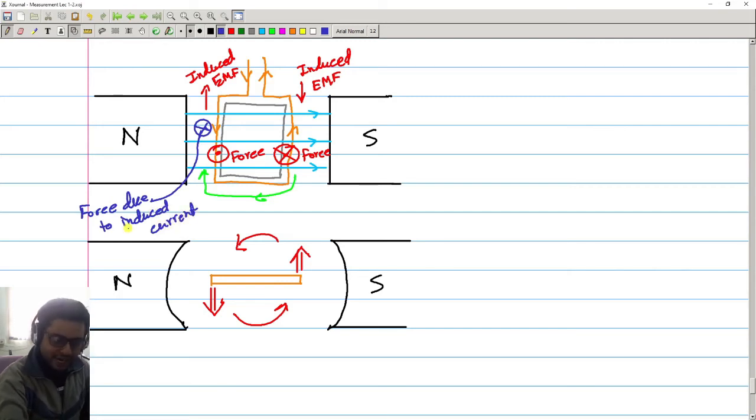We call this current eddy current. So let me just write eddy here. And on the other side, the force will be, of course, in the opposite direction. So these are the forces due to induced current. And these red ones were the force due to the actual current that we were measuring.